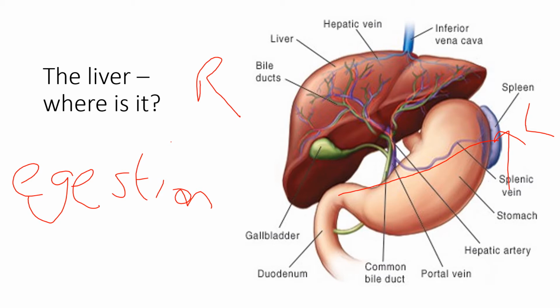So all of those digestive products, what they do is they go to the liver first. And so you can see, where is it on here? You can see this blue one here. It's what this is pointing to. It's something called the hepatic portal vein, or it sometimes gets abbreviated to HPV, which lots of other things get abbreviated to. Anyway, so your hepatic portal vein links your digestive system to your liver.